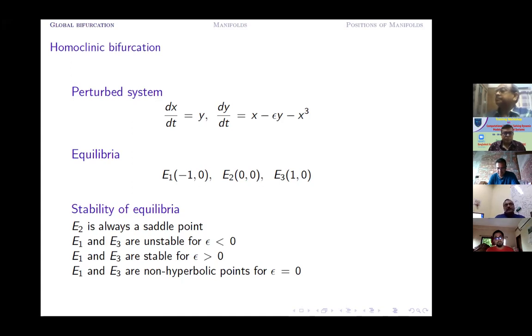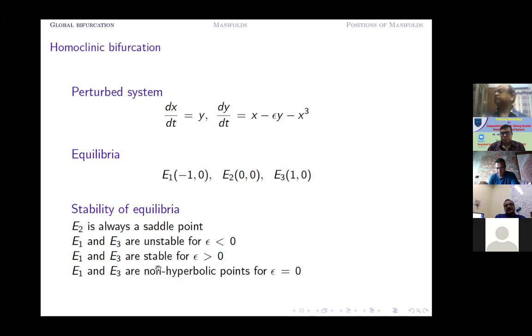There are two other equilibrium points, E1 and E3, whose components are (-1, 0) and (1, 0). It is quite interesting to note that E1 and E3 are unstable for epsilon less than 0, and stable for epsilon greater than 0. For epsilon equal to 0, these two equilibria are non-hyperbolic fixed points.